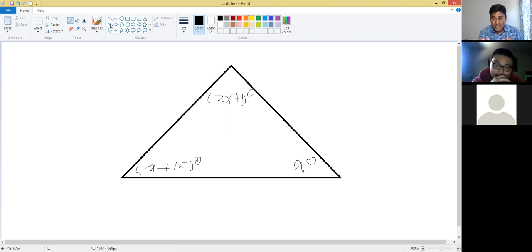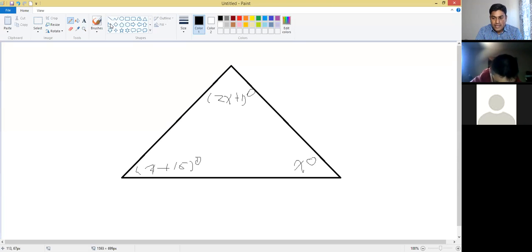In fact, it cannot be an equilateral triangle, Ilana, because we have x and we have x plus 15. Even if x was 60, there is one other angle that is more than 60. So it cannot be an equilateral triangle.